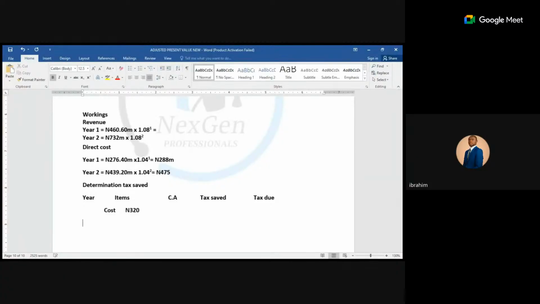Year one capital allowance, 50%. What is the 50%? What do we have? 160.